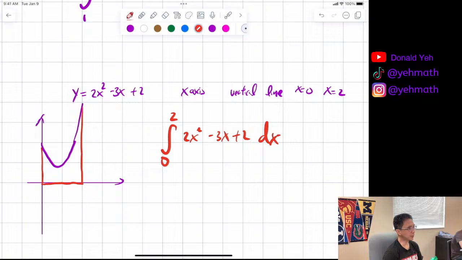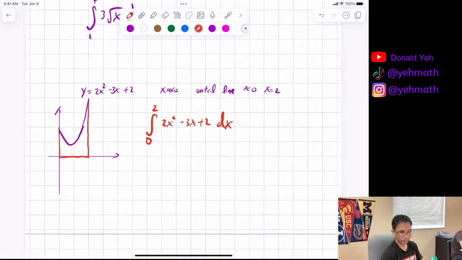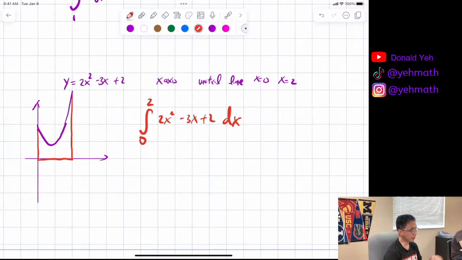So you can use fundamental theorem of calculus to find the area under the curve now.